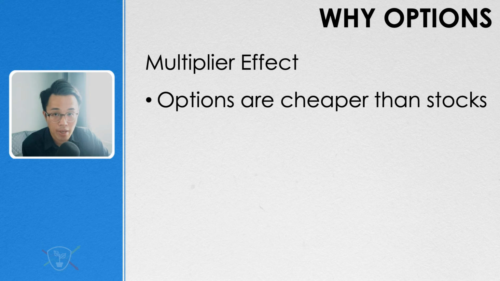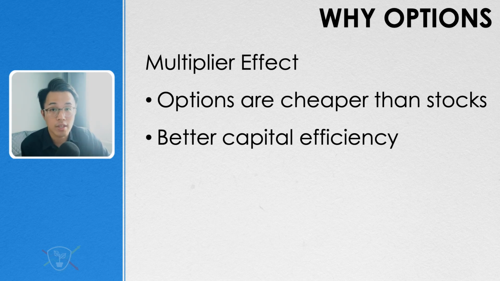And because the premiums, the prices of options, are just a fraction of the stock prices themselves, if I'm right, I am just using a smaller amount of my capital, and I can generate the equivalent returns as though I'm holding 100 shares of stock. So this allows me to have a much greater efficiency on my capital because I'm allocating smaller amounts to each of these strategies, and it allows me to also have a more diversified portfolio.